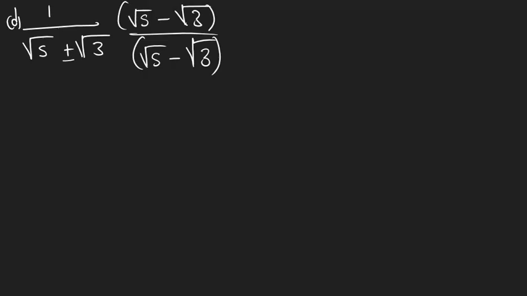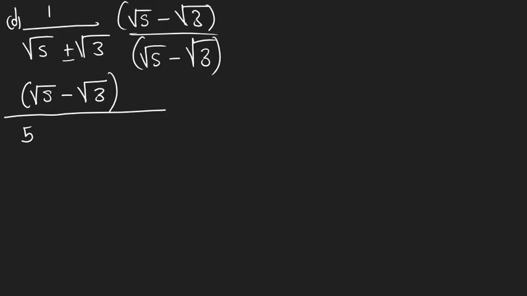So 1 multiplied by the things on top, it becomes root 5 minus root 3, over, remember how we multiplied, so square root of 5 multiplied by root of 5 becomes 5.